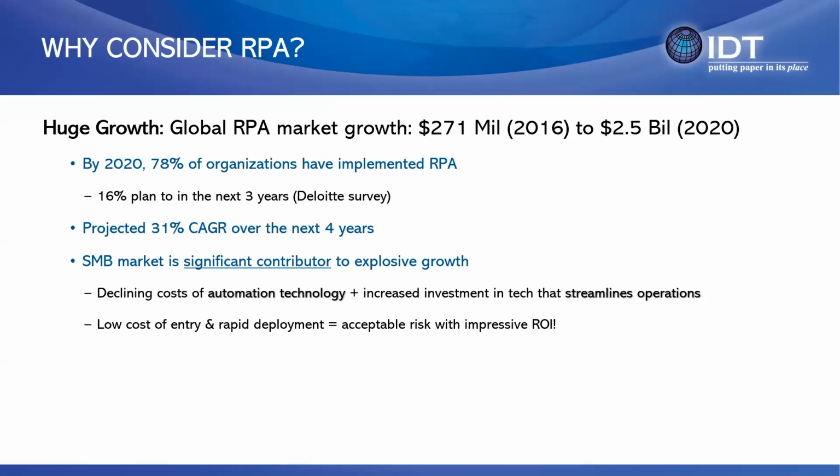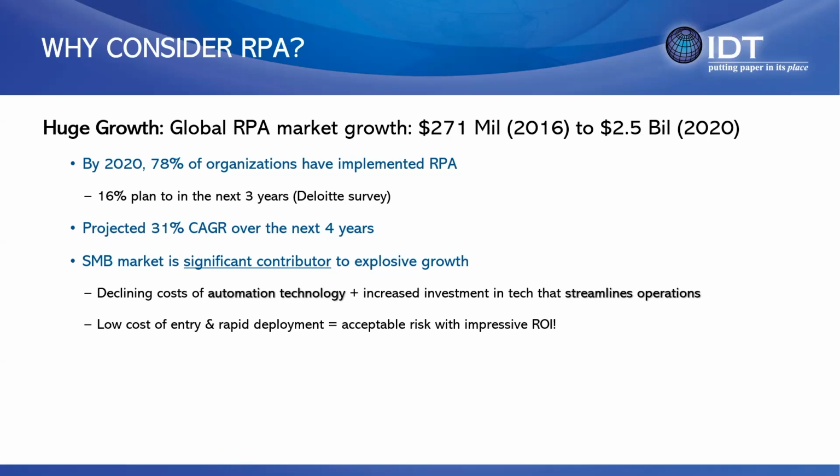And over 16% more plan to implement RPA in the next 3 years. So when you combine all this together, it just shows how seriously organizations are taking RPA. It has a projected compound annual growth rate of over 31% over the next 4 years. So that growth that we're already seeing will continue over the next several years.